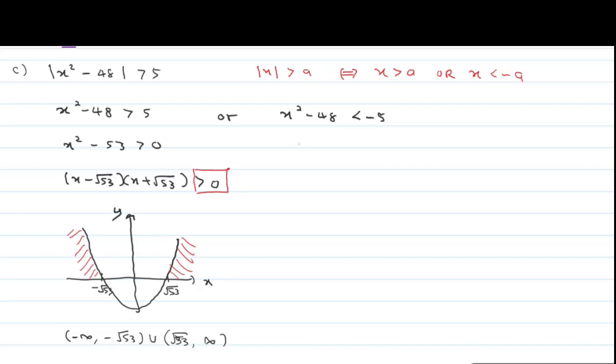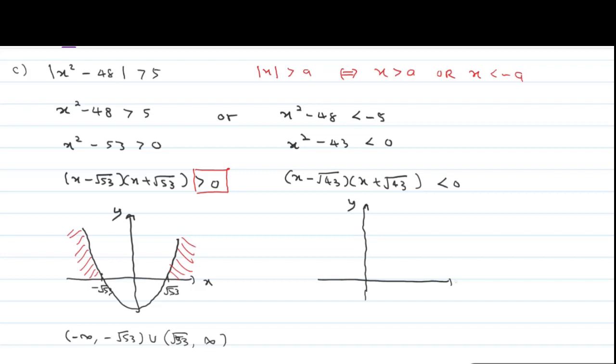Okay, for the second inequality, we have x squared minus 43 less than 0. Factorize, we have x minus square root of 43, x plus square root of 43 less than 0. Use graph to solve this quadratic inequality.